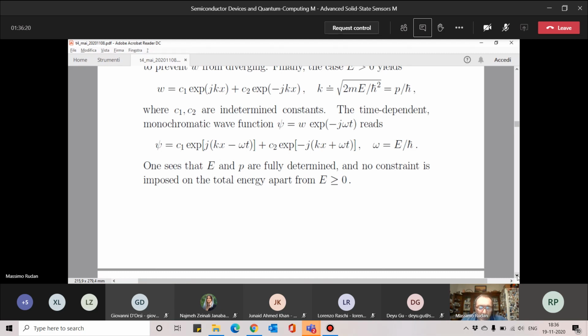So if you take a measurement on this wave function, you find either the case in which the particle is moving along the positive direction of the axis, or the other possibility, you find that the particle moves along the negative direction of the x-axis.